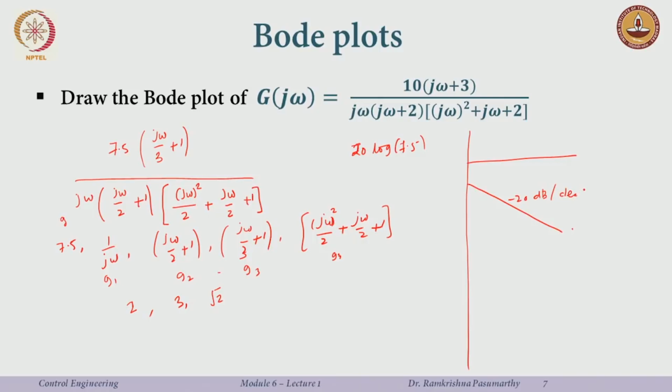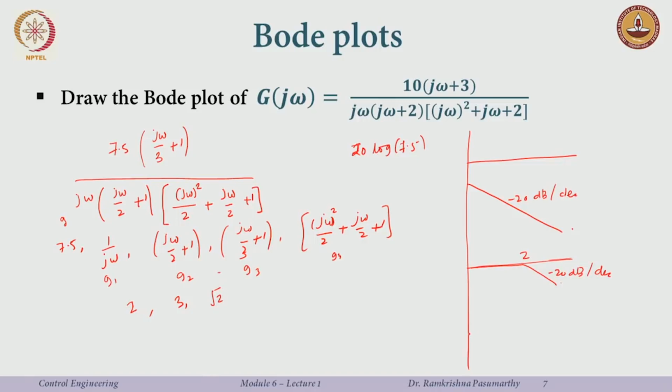Okay. What about G2? G2 is a first order term, it is a pole. So, it will just go straight for a while and then go down. This is again a minus 20 decibel per decade and the corner frequency here is 2.